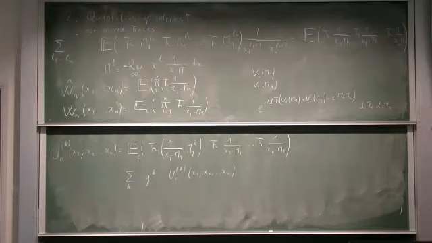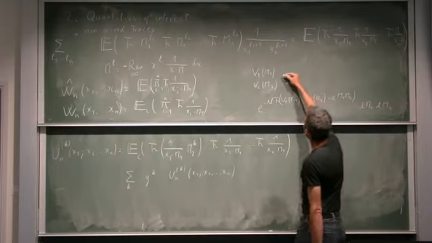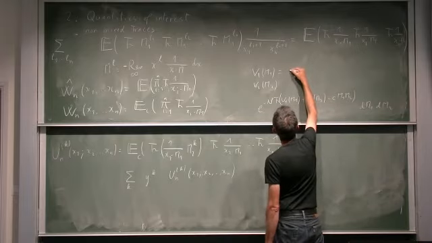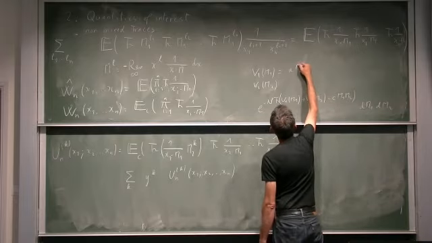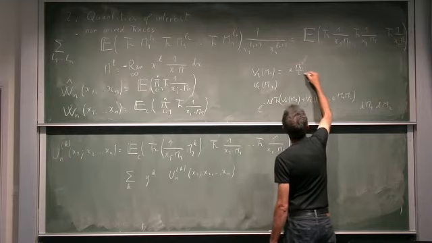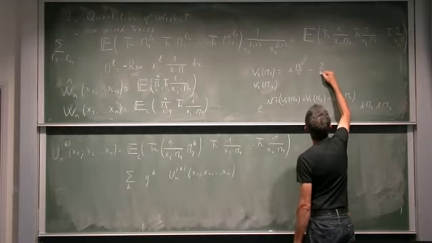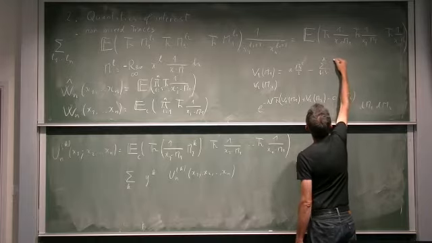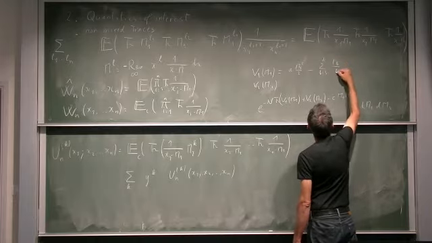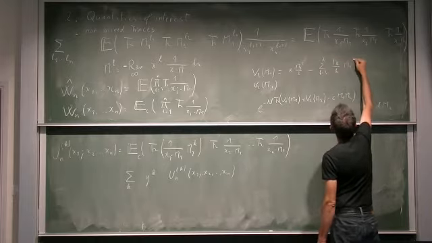Here, let me write explicitly what these two polynomials are: A m1 squared over 2 minus the sum from k equals 3 to d of t_k over k m1 to the k.